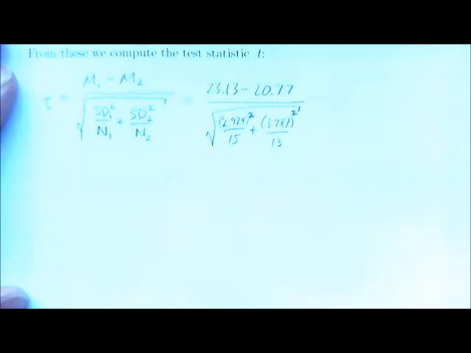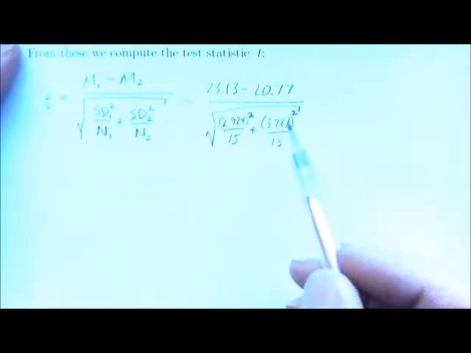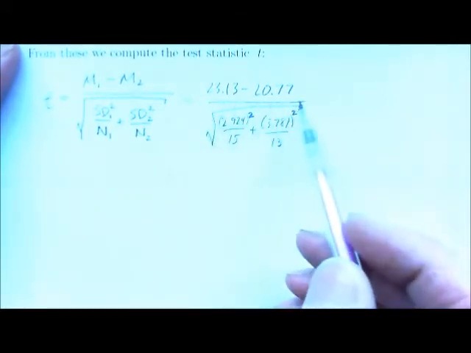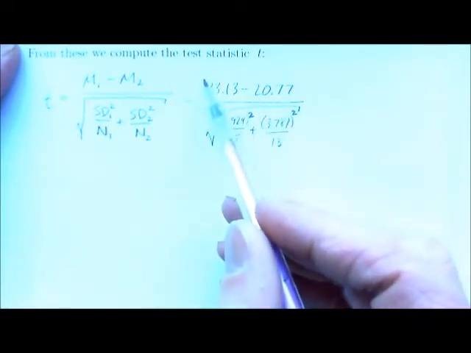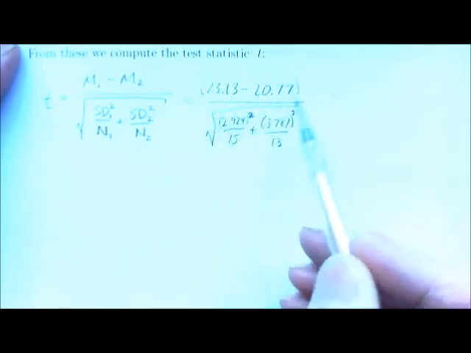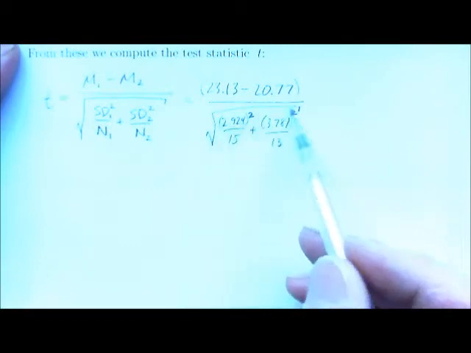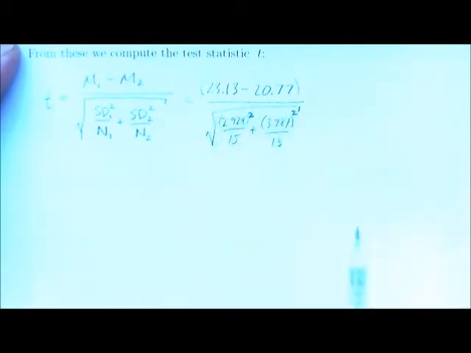Now, I showed one way to do this in class using your calculator. I'm going to do it in a slightly different manner here. First of all, whenever we have a fraction like this, it's implied that there are parentheses around the numerator and around the denominator. Of course, this square root acts like a parenthesis on the bottom, so we don't need parentheses there.